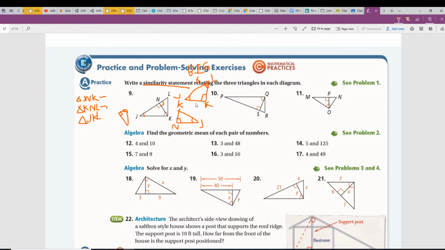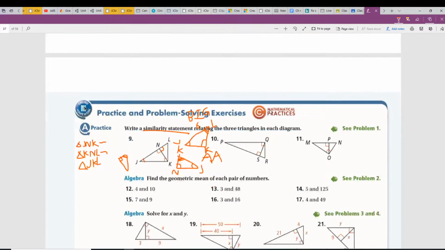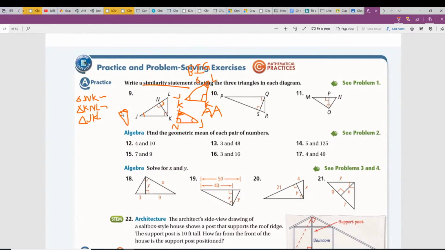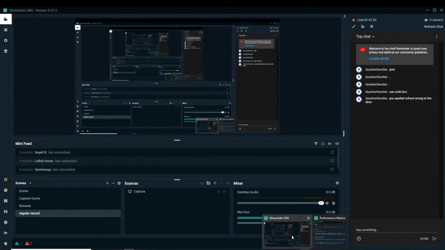But since we have two angles that are congruent with these two angles, this third angle will also be congruent because of the AA postulate. Remember, we don't need three angles, we only need two, as I said before. So this angle will also be congruent to this angle. Okay, K, L, and I know it's hard to visualize, but that's the best I can explain it.